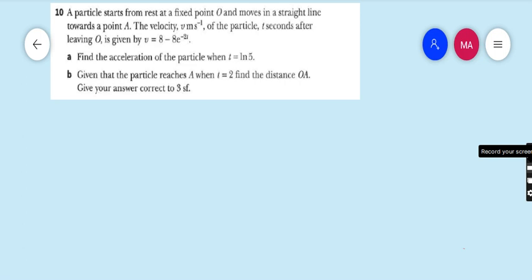Find the total distance travelled from t is equals to 0 to t is equals to 2 pi. So we have the value of v, 2 cos(t/2) minus 1.